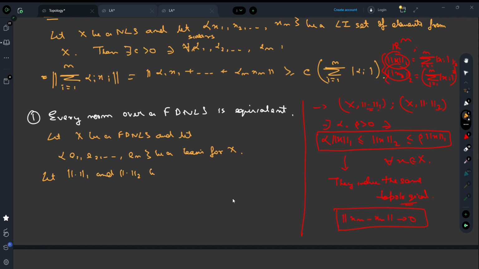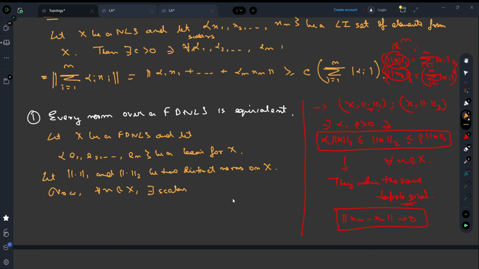So, we define two norms on X. Let norm 1 and norm 2 be two distinct norms on X. Now, any element you choose from X is a linear combination of these basis elements.